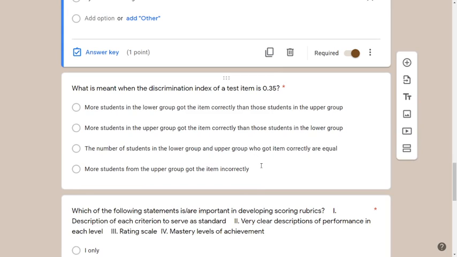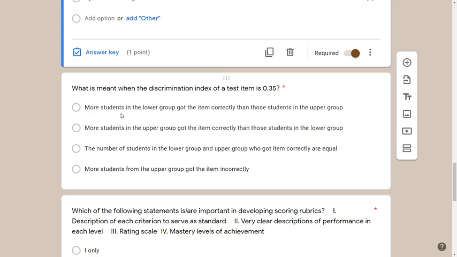What is meant when the discrimination index of a test item is 0.35? Again, let's revisit the concept of discrimination index. Discrimination, or we want to differentiate. So what does 0.35 mean? Let's check the options now. A, more students in the lower group got the item correctly than those students in the upper group.